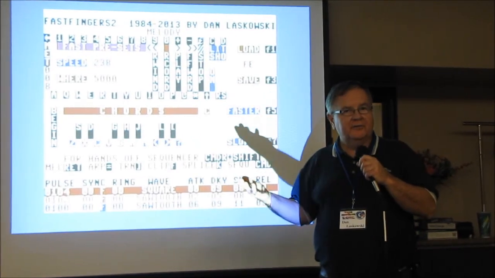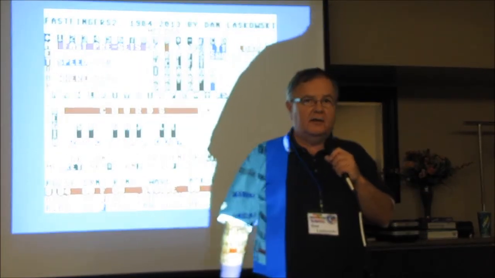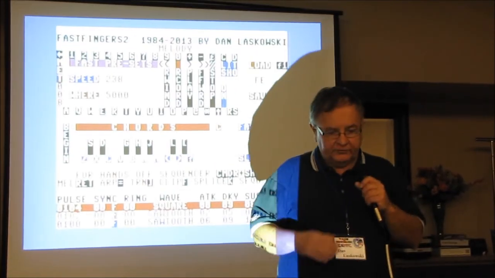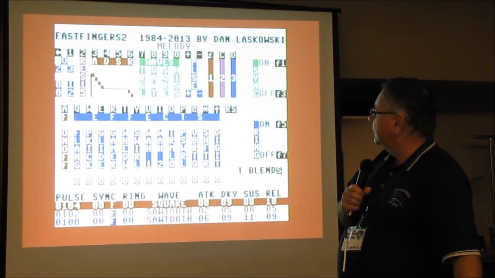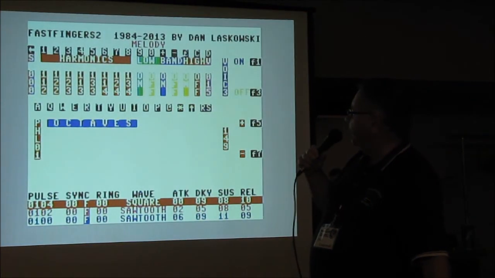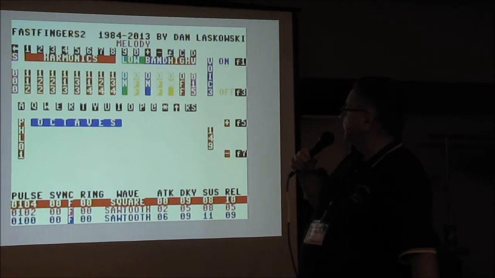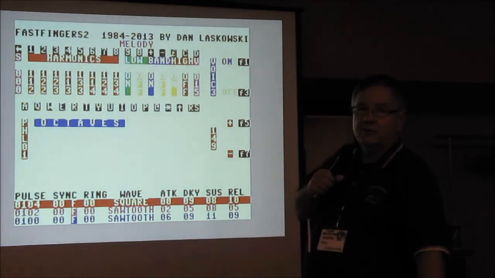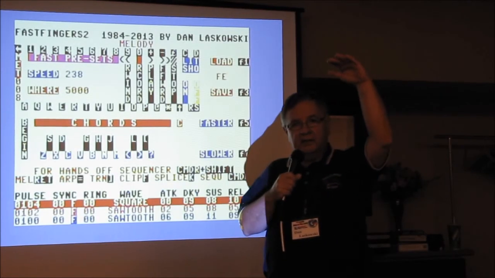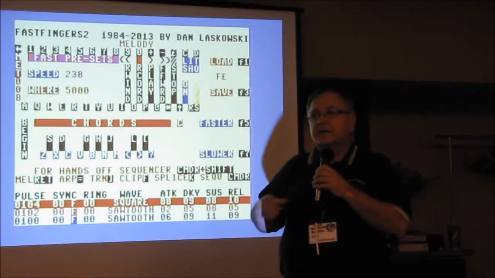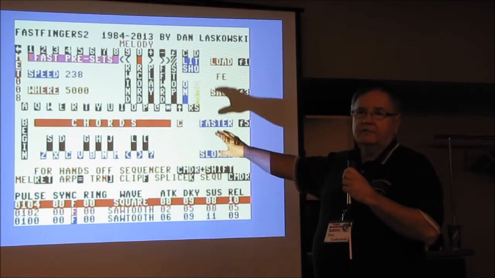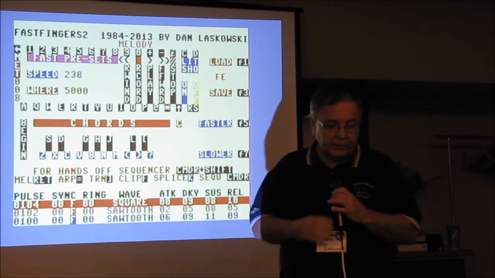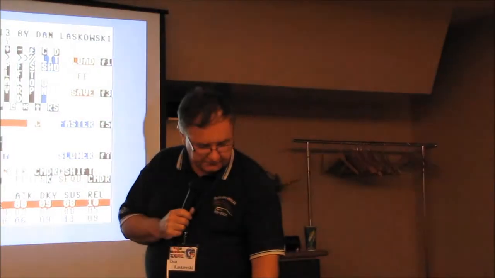So sometimes if you mix a bunch of notes together with a lot of harmonics, like you see up there on the top left where it says harmonics, like if you do something with the first harmonic, the third harmonic, and the fourth harmonic, you're going to push it over the limit of what the SID chip can do. So instead of making that blue box and giving you a notification, it's just going to be quiet now. And that can be used in a way when you're working with this hands-off sequencer.